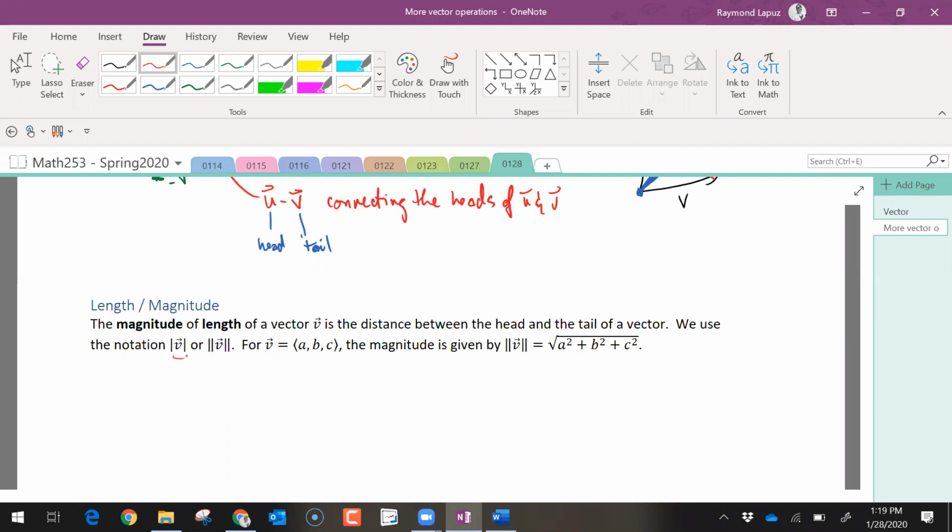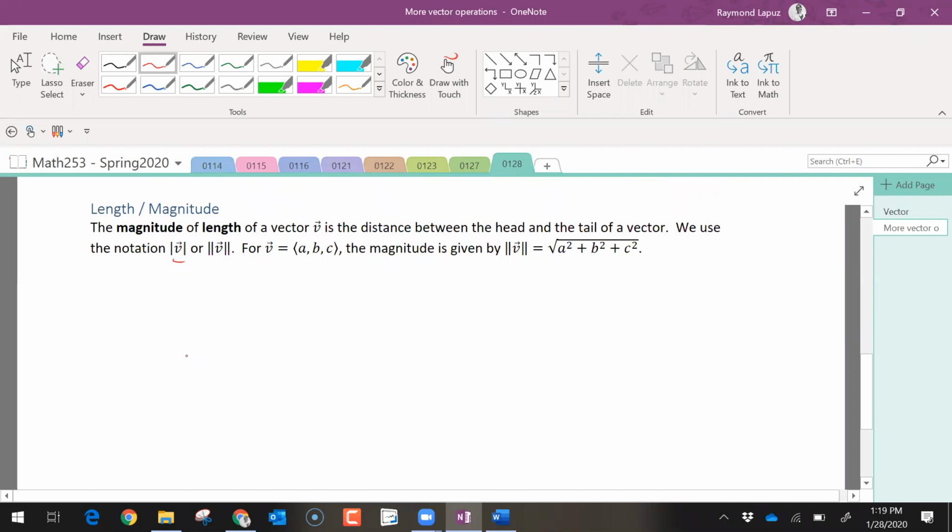So in 2D, and I'm going to start with 2D, but I'm going to leave space here for 1D. So in 2 dimensions, if you're going from 0, 0 to the point A, B, then it's like saying it's going to be A minus 0 squared plus B minus 0 squared. So it's the square root of A squared plus B squared.